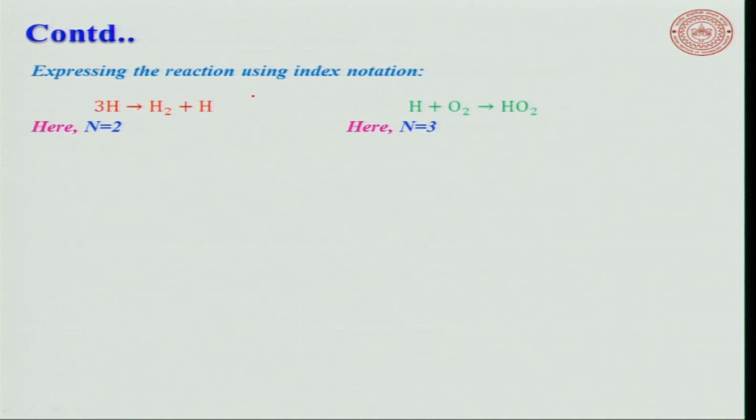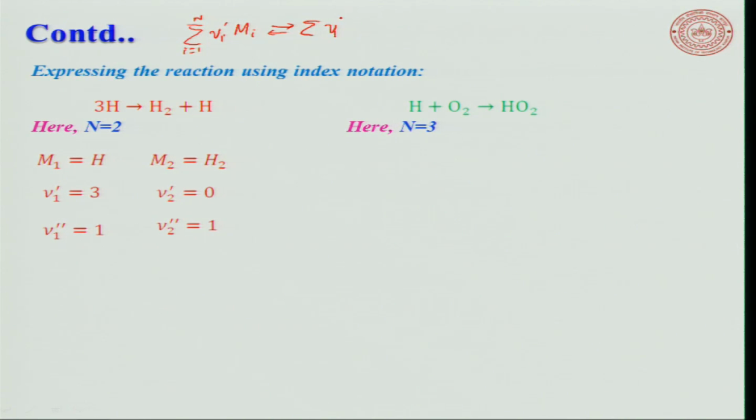Keep in mind that the reaction I am considering is elementary in nature. So, if I want to write this in a compact form, what would it be? M1 is H, M2 is S2. The sum over I equal to 1 to N of V I dash M I, going to the sum of V I double dash M I, I equal to 1 to N. What is V1 dash?